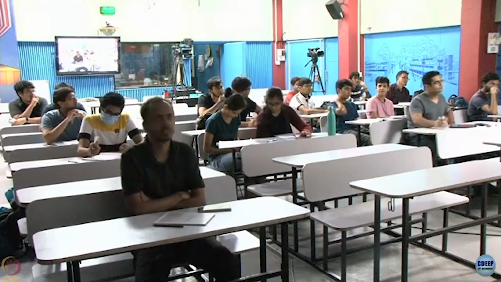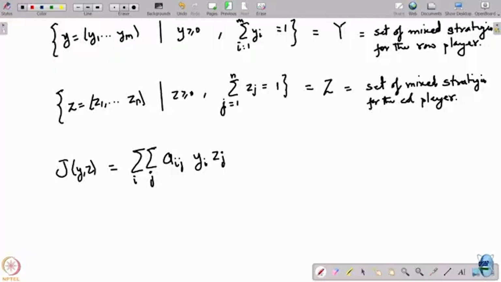So naturally, because I have to compute the expected value there. Let's call this J of y comma z, that is equal to this. In fact, I can write this out in a more compact form, and this is simply y transpose Az.